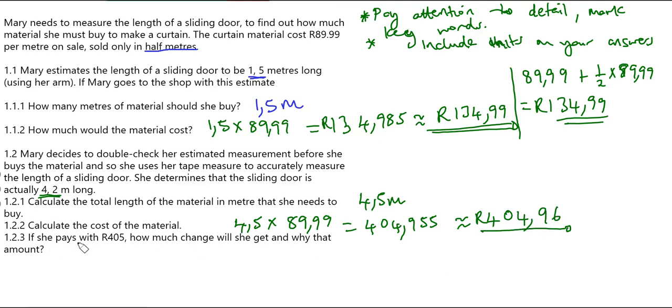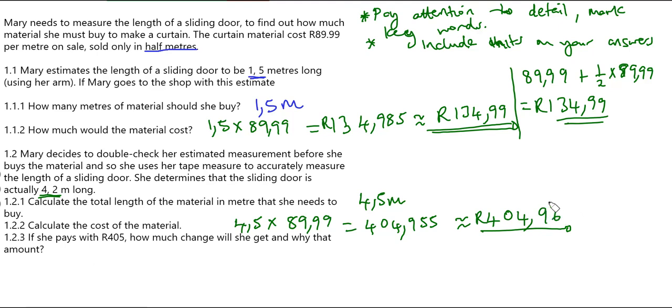Okay. If she pays with 405, how much change will she get and why that amount? So you can see that here it's 404.96 and she's paying 405. And what you need to know is that we don't have what you call 4 cents.